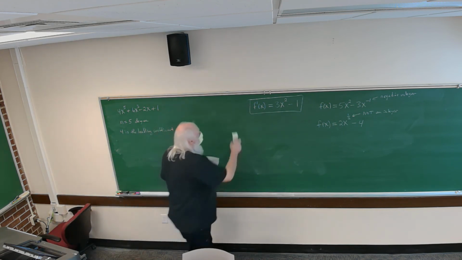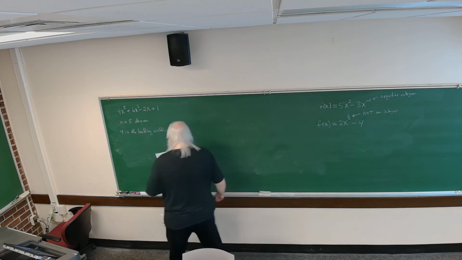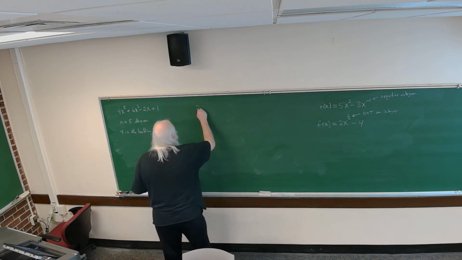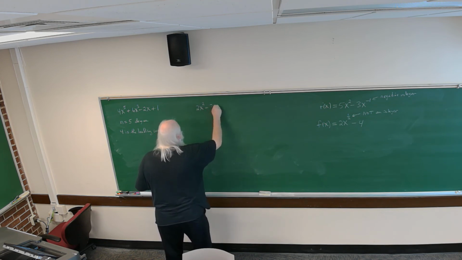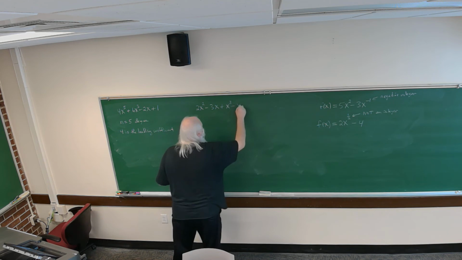In B, we have 2x squared minus 3x plus x cubed minus x to the 7th.